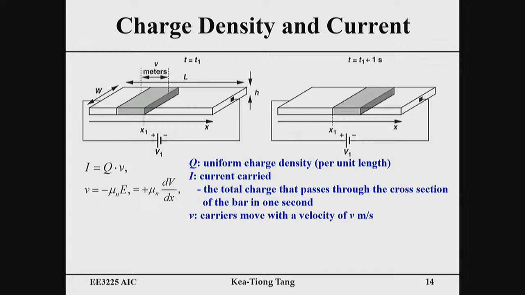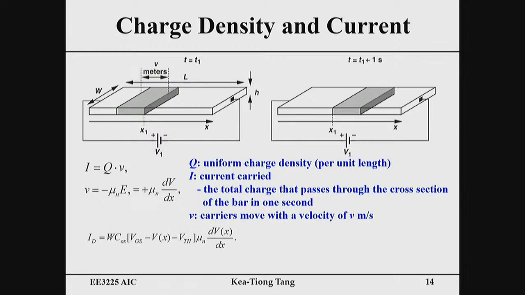You should get this from general physics. So if we substitute that into here, the velocity is mobility times dV over dx. V is the potential, so this is the derivative of the potential.